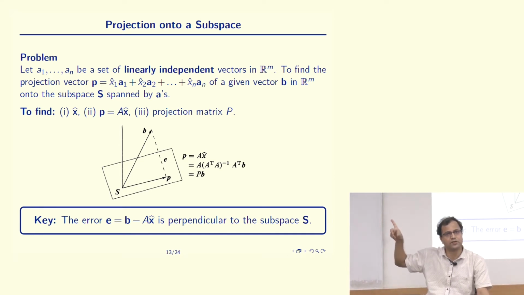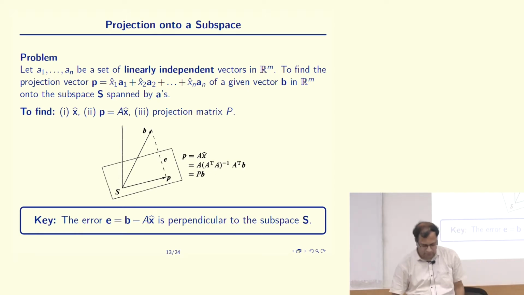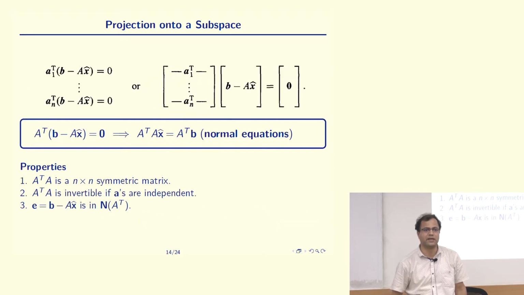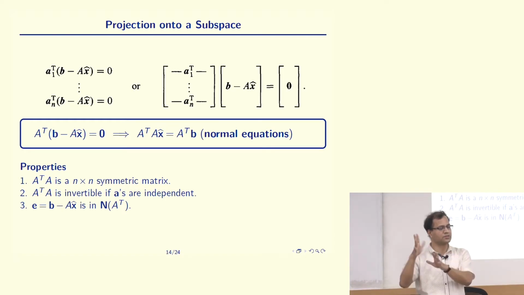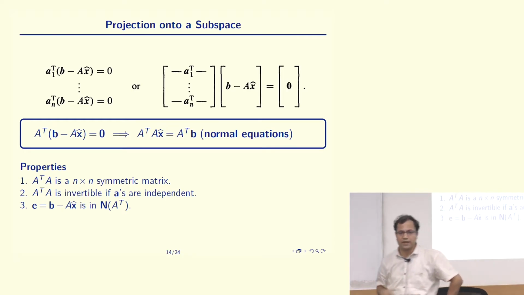You can relate this with the column space: the column vectors were each from Rm. So A is m by n, and A transpose will be n by m. A transpose times A will be n by m into m by n, so it is n by n.